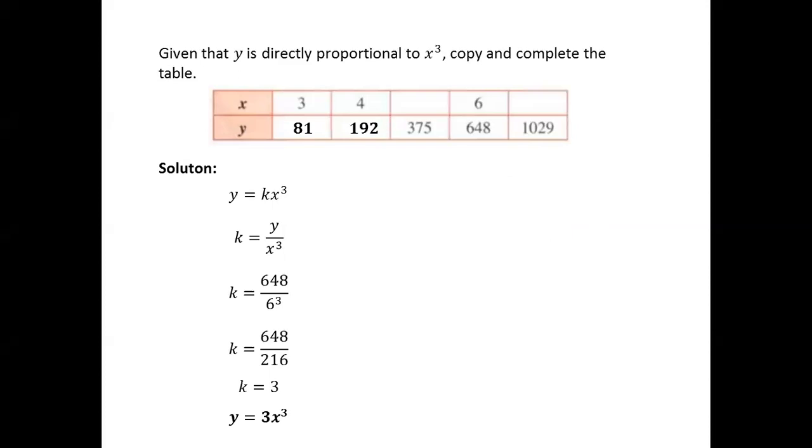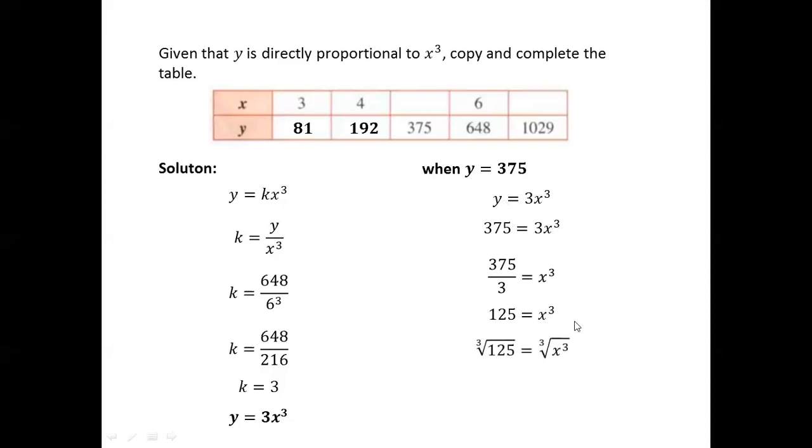On the next part, we are asked to solve for x given the y value. So here, we use the equation again, substitute 375 to y, and let's divide each side of the equation by 3, giving us 375 over 3, or 125. We then get the cube root of each side.